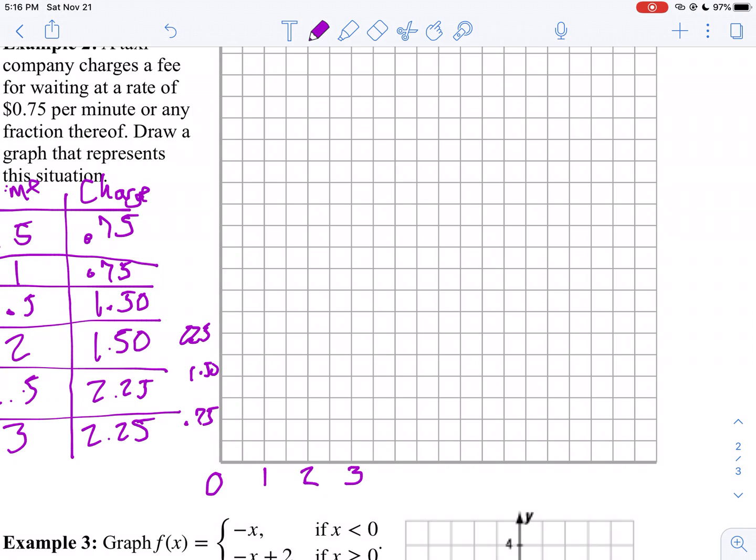So we know up to 1 minute, you're going to be charged 75 cents. So from 0 minutes, not 0, but all the way up to 0. So maybe I should put an open circle on 0 also, because you're not going to be charged for 0 minutes. But 1 second after that, you're going to be charged 75 cents.